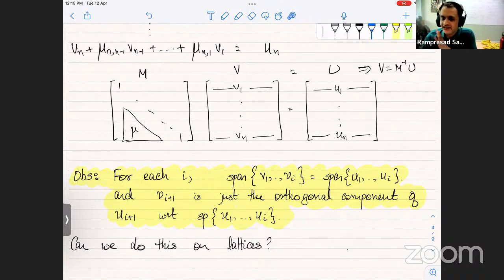No. Firstly, it may not be the case that the lattice in question has an orthogonal basis at all. It may just be that there is no way of coming up with an orthogonal basis for the same lattice. So that's already a problem.